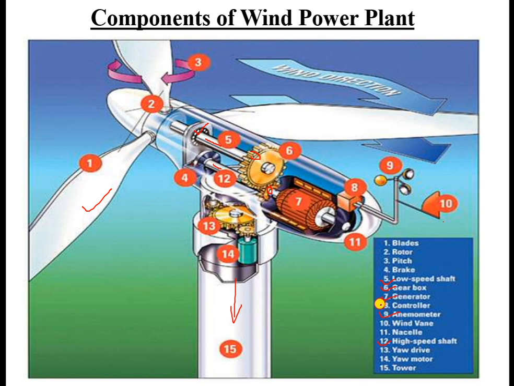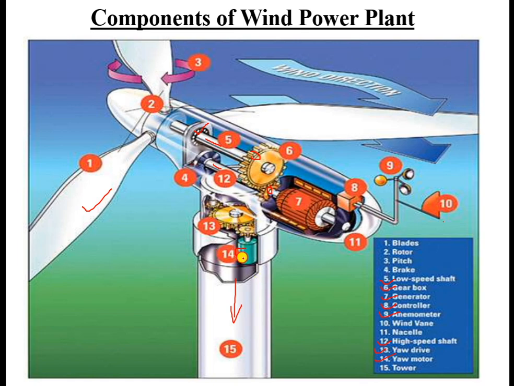Anemometers or the controllers are there for controlling the speed of the total wind turbine power plant, and this brake is used for controlling the motions of the blades as well as the rotor system. Then here the yaw driver and yaw motors are also available, 13 and 14. This is another gear arrangement.